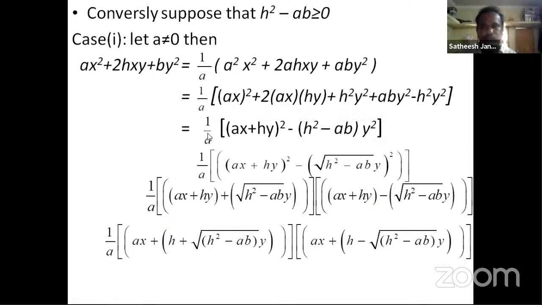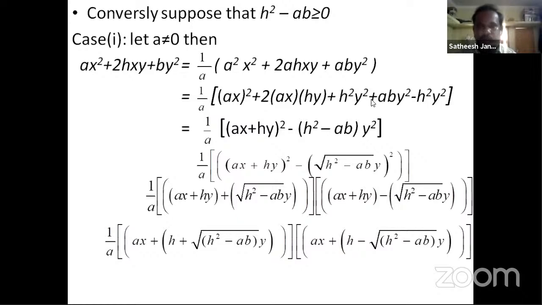It is equal to 1 by a into, where a square x square is converted into ax whole square, plus 2ahxy is converted into 2 into ax into hy, plus we add h square y square. Already we have the term ab y square in the above equation. We are adding h square y square and subtracting h square y square.